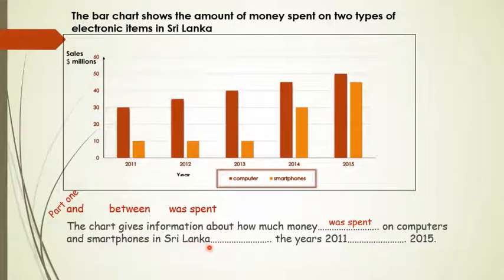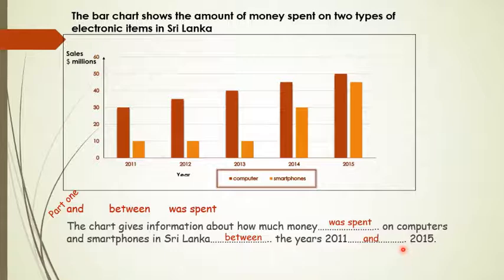Yeah, you should use between the years 2011 and 2015. So by reading this, you understand it says what the chart is about. That is the very first paragraph that you should write when you are describing a bar chart.